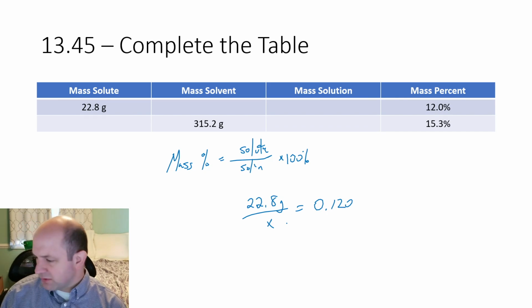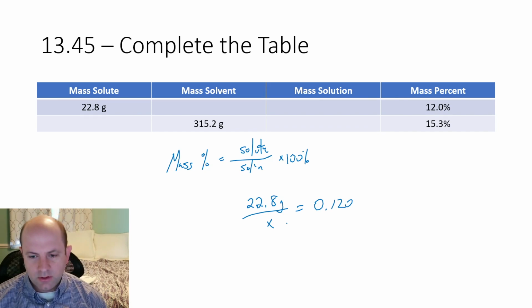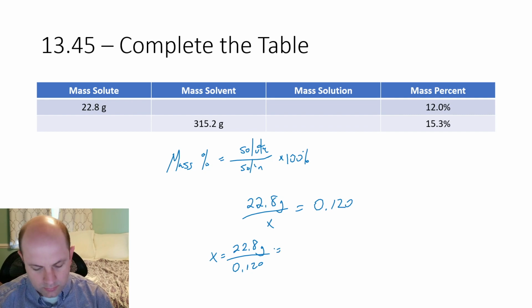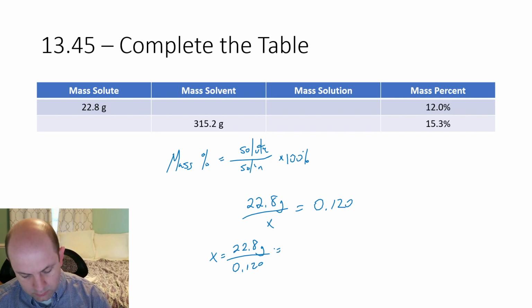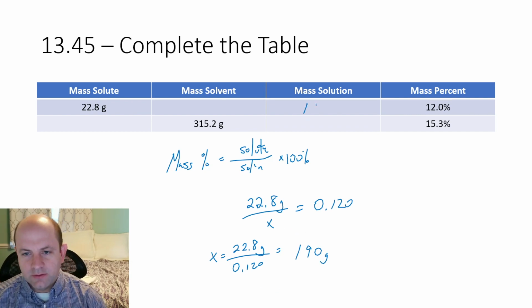Then we're just going to cross multiply and solve for X. So X is equal to 22.8 grams divided by 0.120, and we get a total mass of the solution of 190 grams. So that would fit in right here, that the solution is 190 grams.